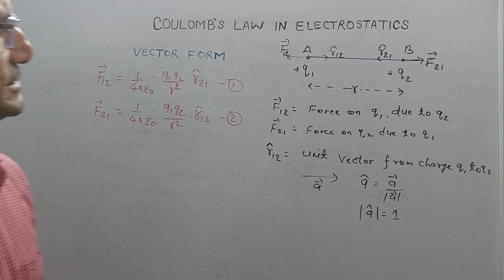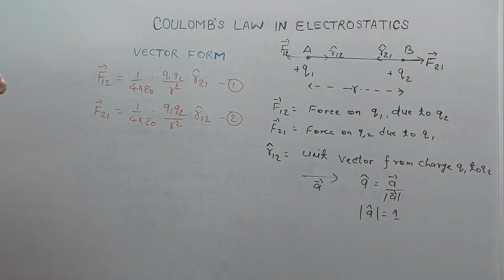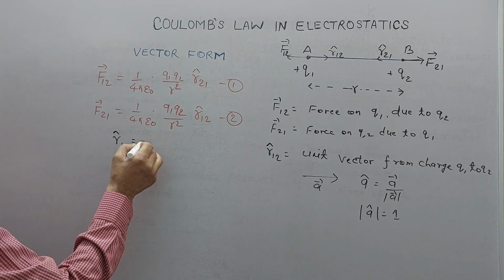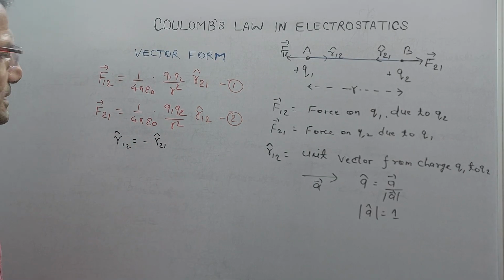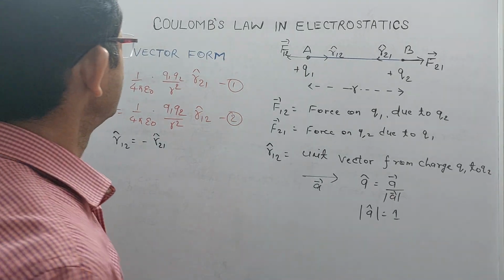We see here these two vectors are anti-parallel. So r12 cap is equal to minus r21 cap. They are anti-parallel, so that's why I have represented the minus sign.